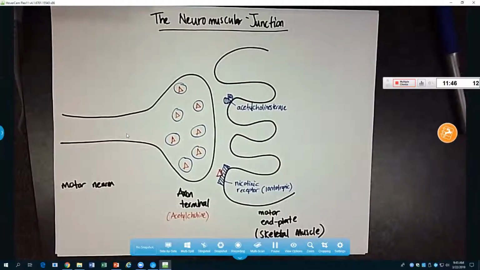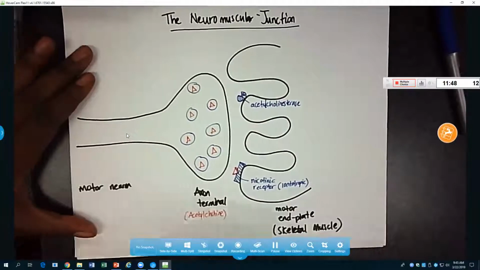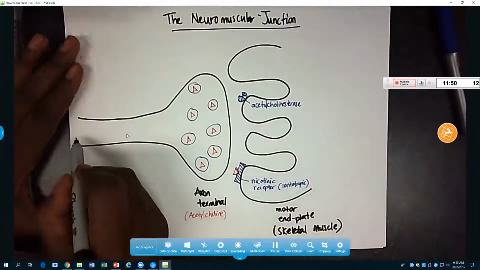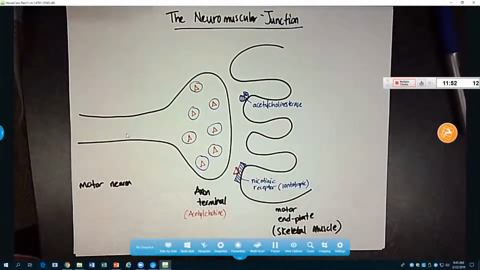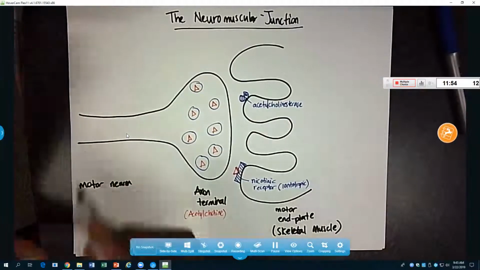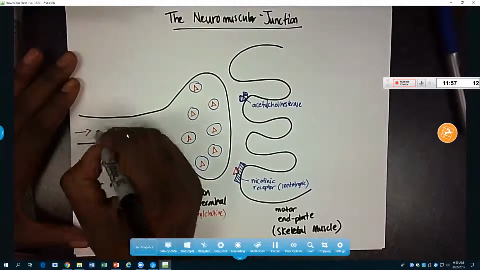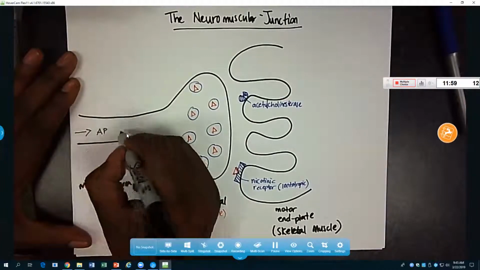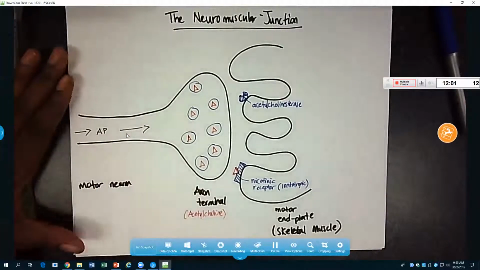Okay, so let's talk about the steps of what takes place here. First of all, depending on the summation of IPSPs and EPSPs, an action potential is fired in this neuron. It travels down the axon and arrives at the terminal bouton.